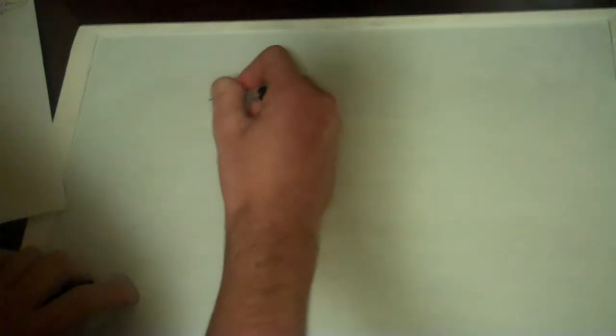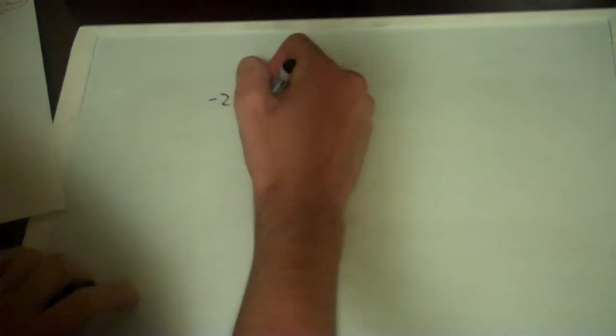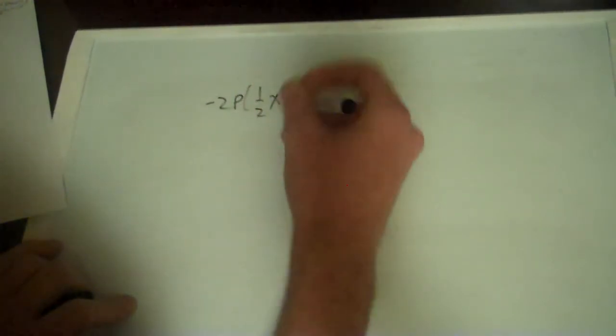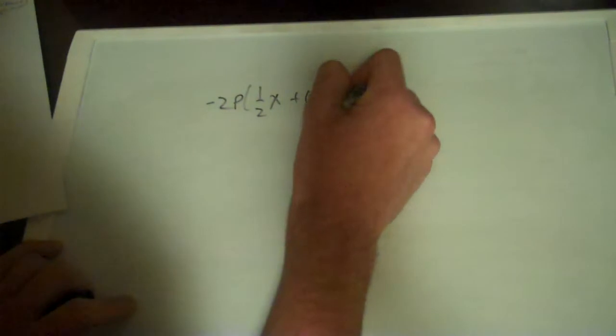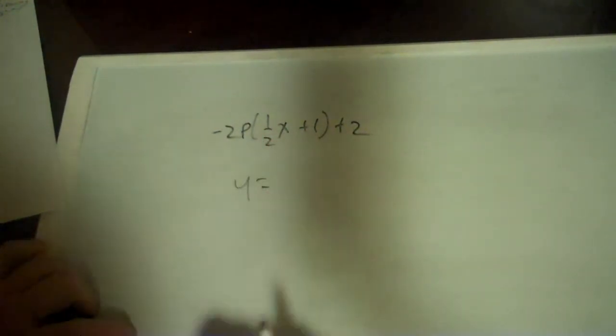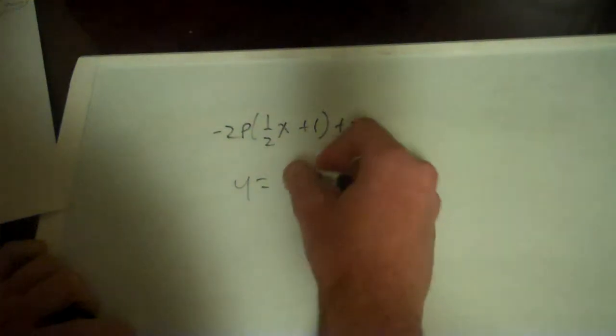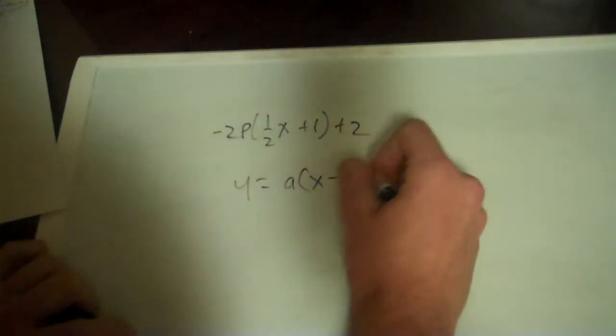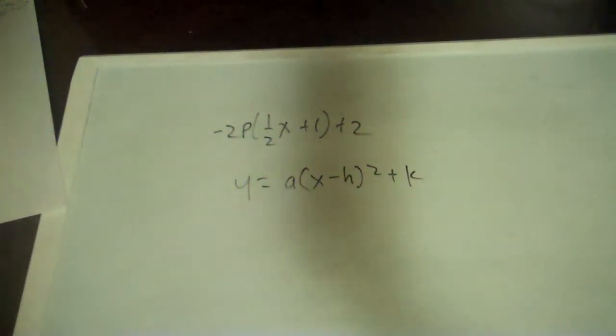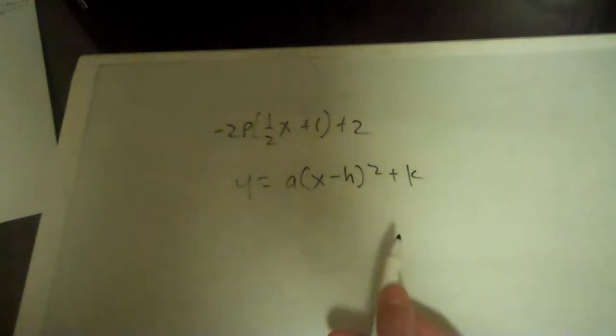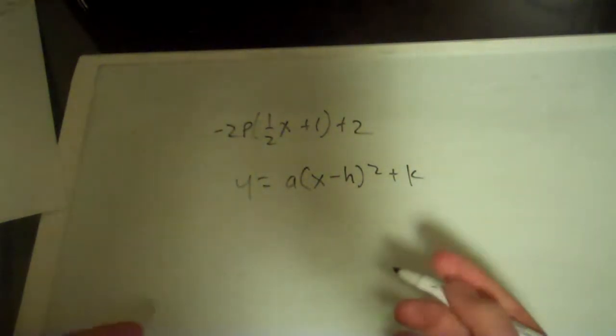So, here's the example that I was given. It looks like this: negative 2 times one half x plus 1, plus 2. It's not too hard to figure this out, but basically we're going to be following this parent function, which looks like this. This is the standard function it's following.